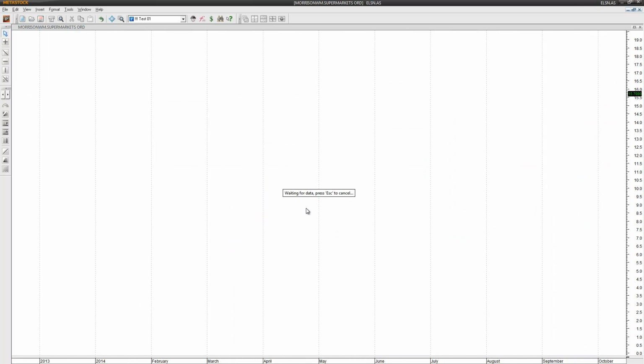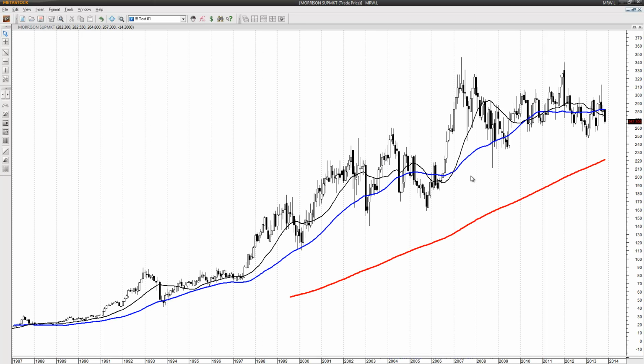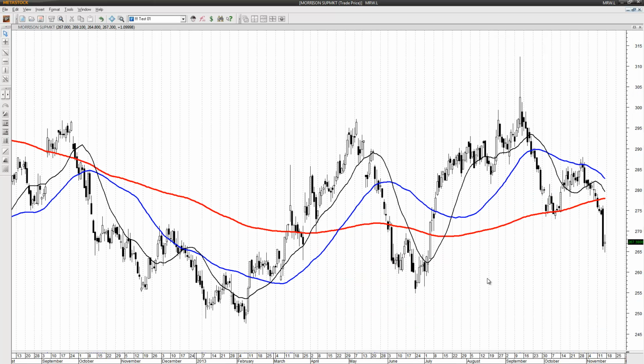And now I'm looking at the next chart. It's Morrison Supermarket from the London Stock Exchange. This is actually a trend line I'm looking at. You take this trough, connect it to this trough, and you have a trend line that will make up the support.